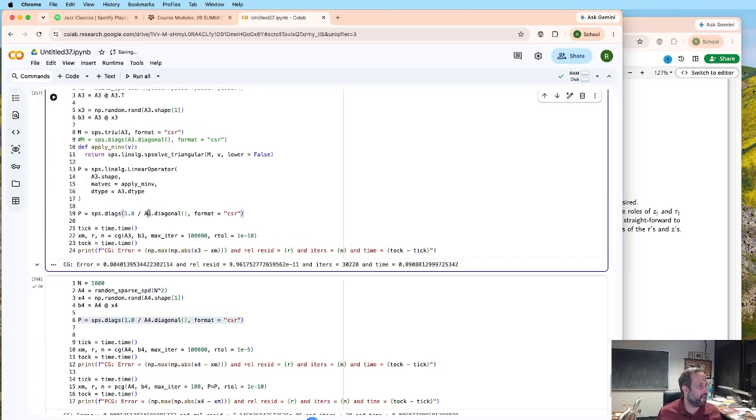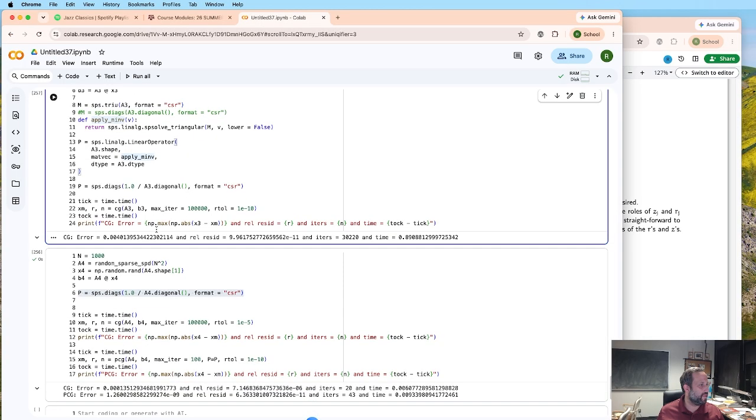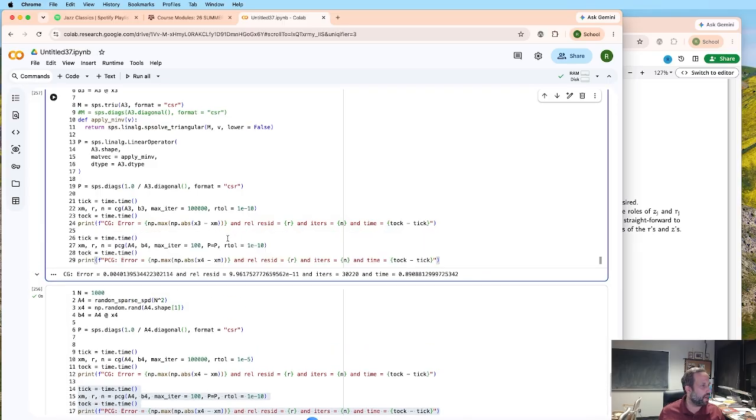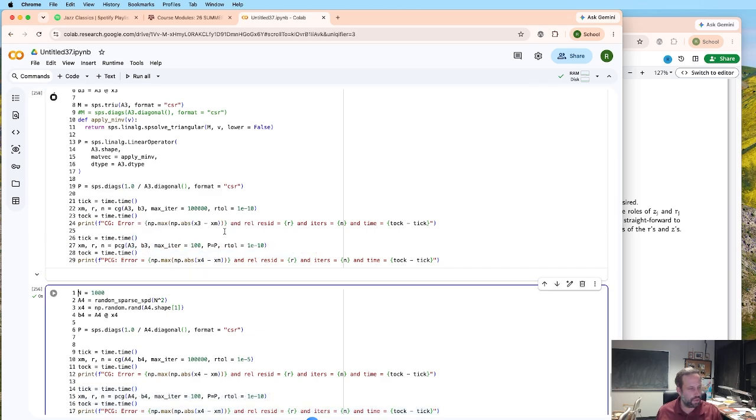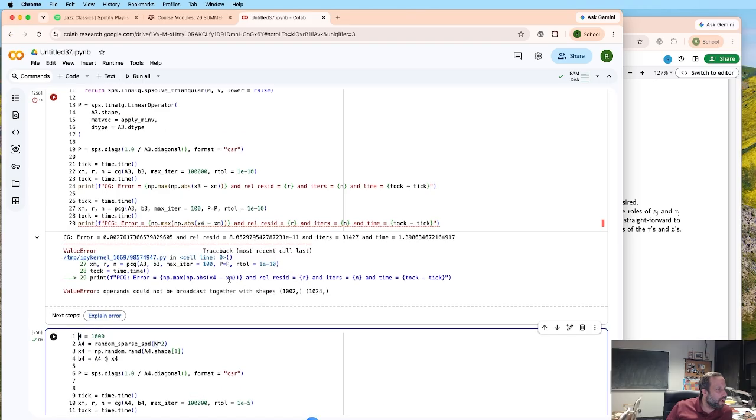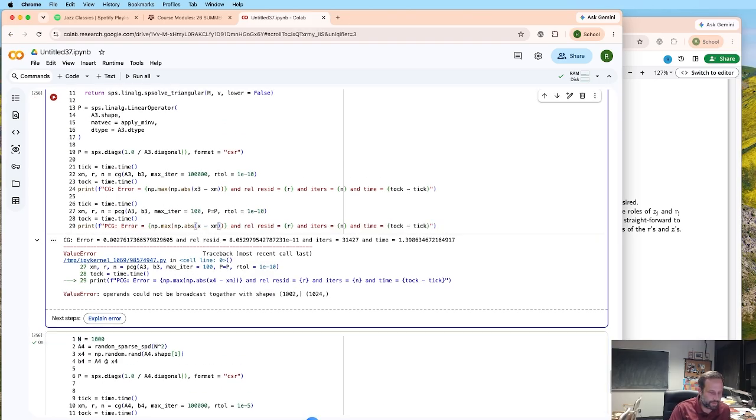This needs to be A3, and then we're going to do preconditioned conjugate gradient with the 3's. Oh, because I still have the X4 there.